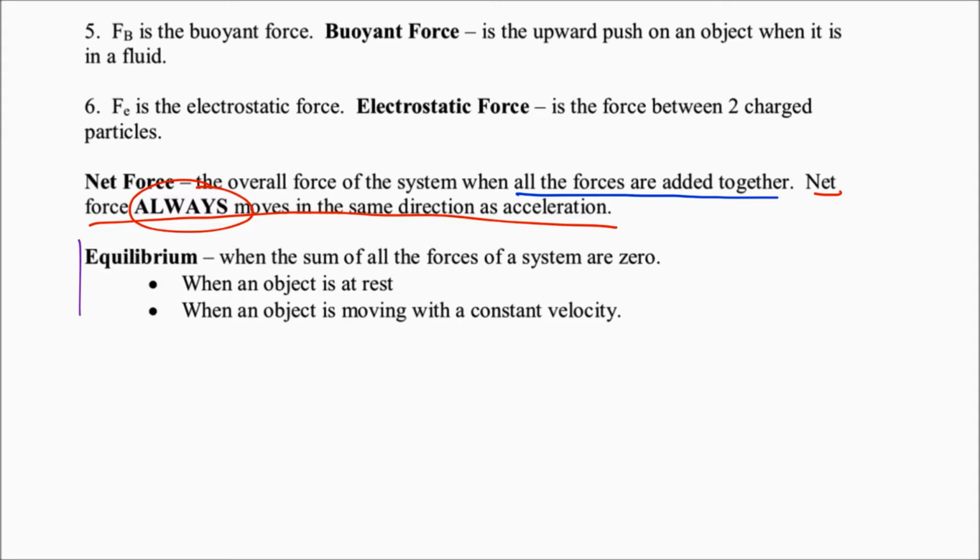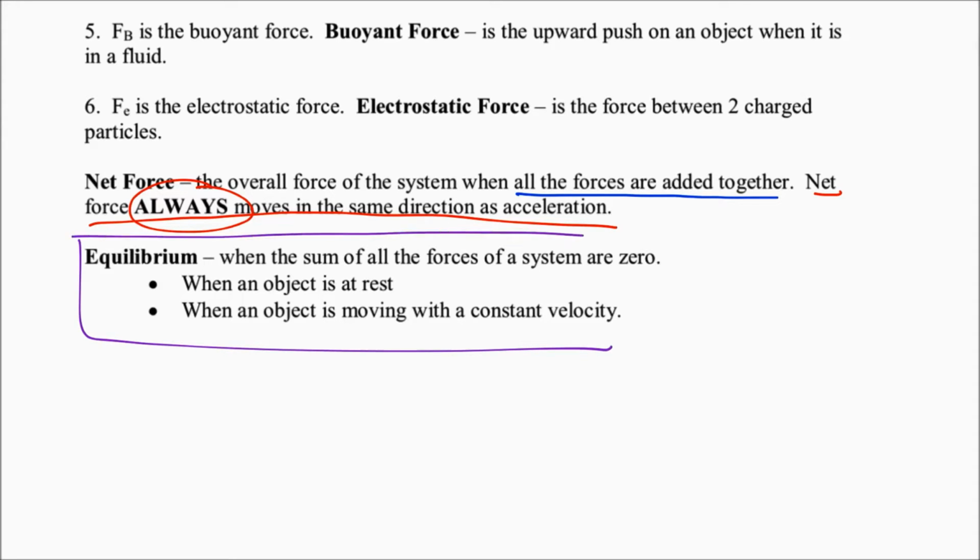Alright, then we have a situation where we can have an object in equilibrium, and these are the two requirements that have to be met to make that object be in equilibrium. And that means, equilibrium means when the sum of all the forces in the system are 0. In other words, the net force is equal to 0 newtons.